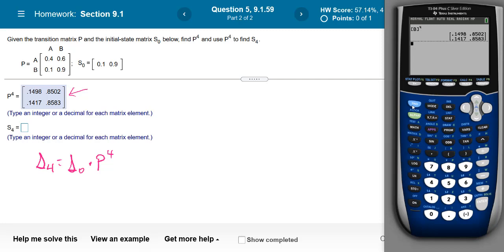I will do a matrix A times a matrix B with an exponent of 4. And then enter that into my answer box.